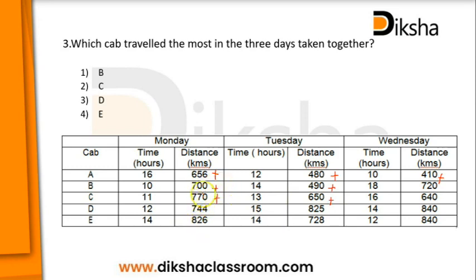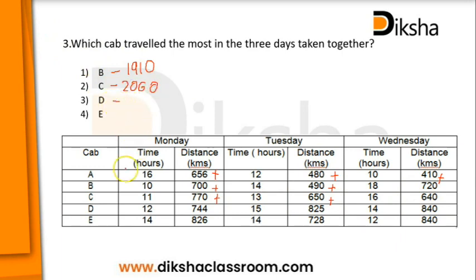Similarly, in the question, they have given four options: B, C, D, and E. So B will be adding 700 plus 490 plus 720. That will give us 1910. So the total distance traveled by B is 1910. C will be adding 770, 650 and 640. We get it as 2060 kilometers.